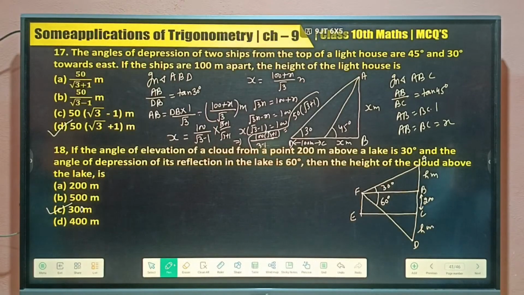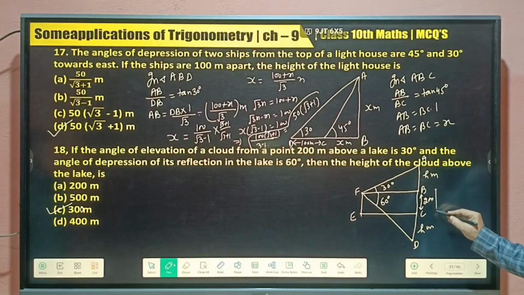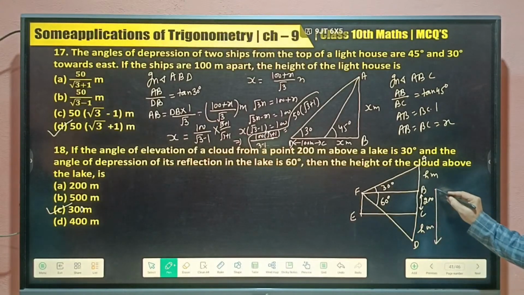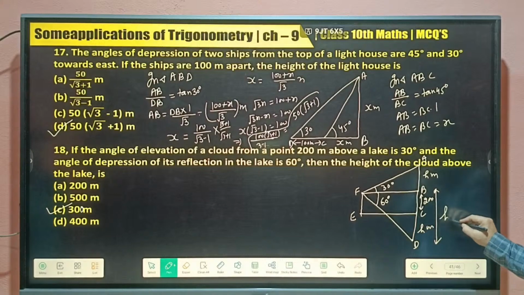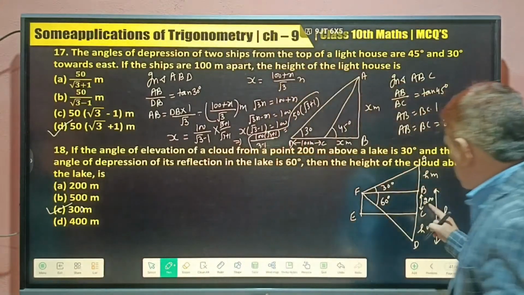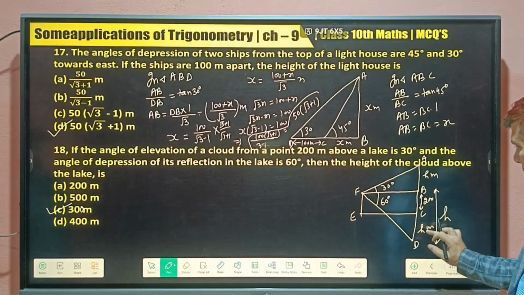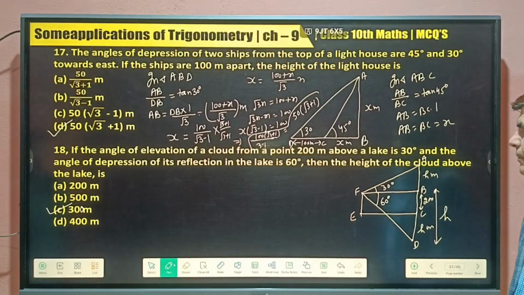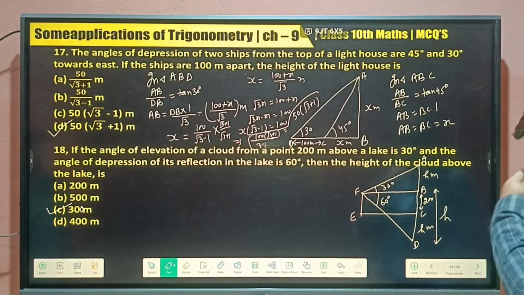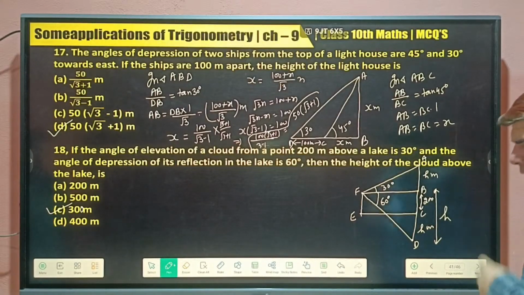AB equal to H, and this also total H. This is 200, this is 200, so C is H minus 200. How can we find out?